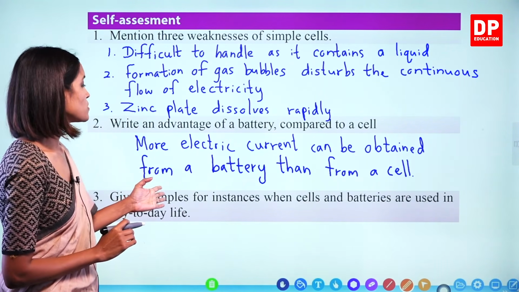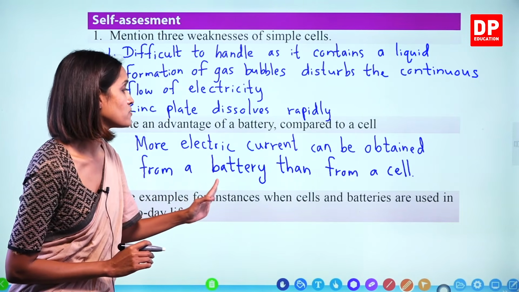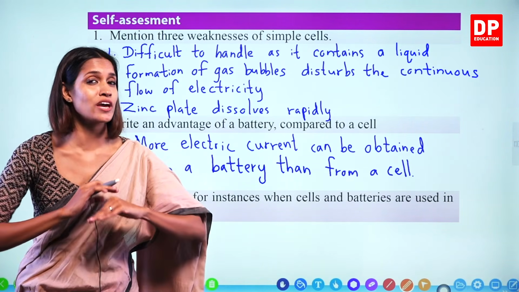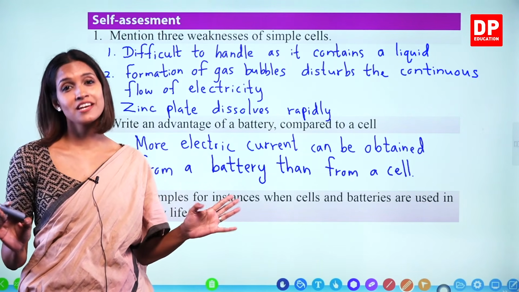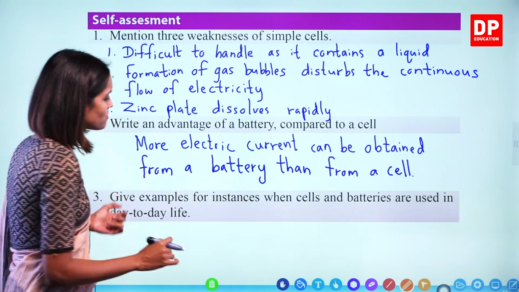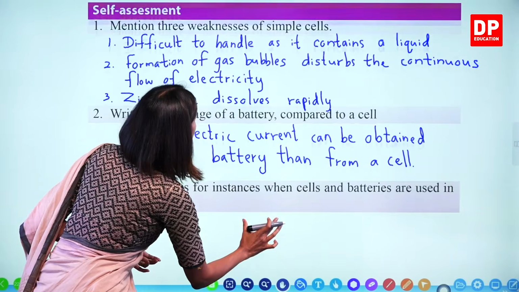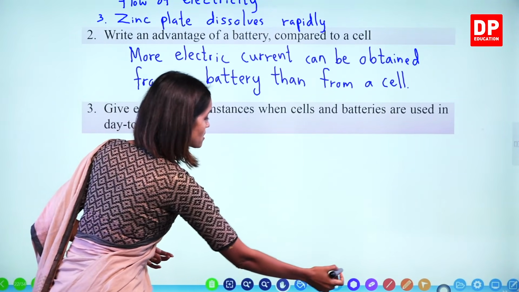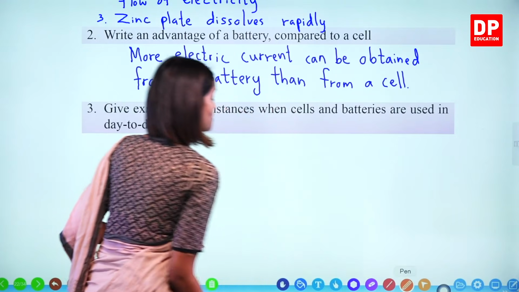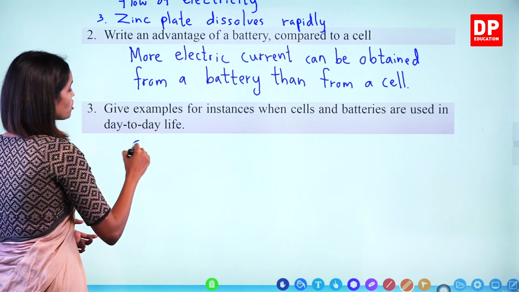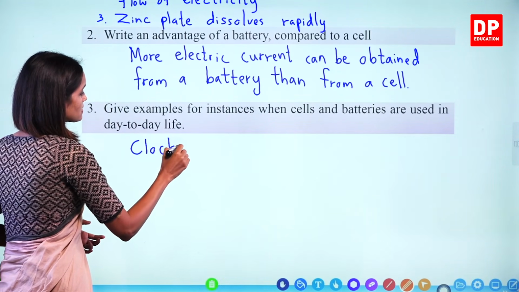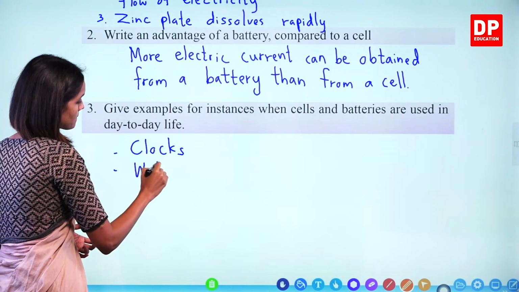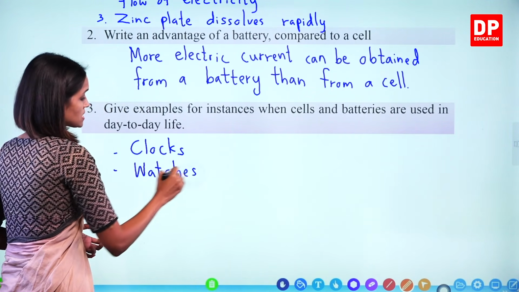Give examples for instances when cells and batteries are used in day-to-day life. Now, I am pretty sure you can write many examples for this. What are the instances? We will write some of these examples, children. What are the instances where you use these cells and batteries? There are many examples. In clocks, watches, what else?